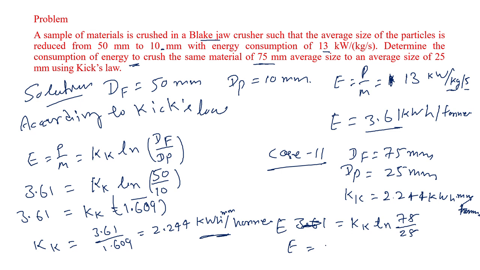So Kick's constant we have calculated, 2.244, times ln 75 by 25. That is calculated, and it will come to 2.464 kilowatt hours per ton. So that is the answer.